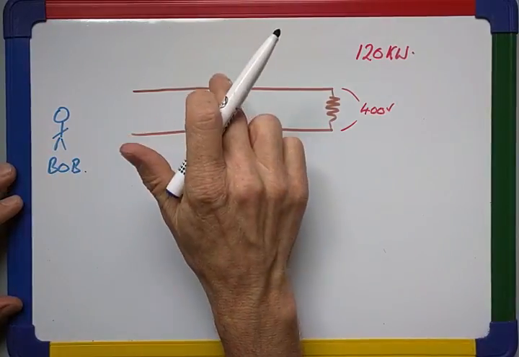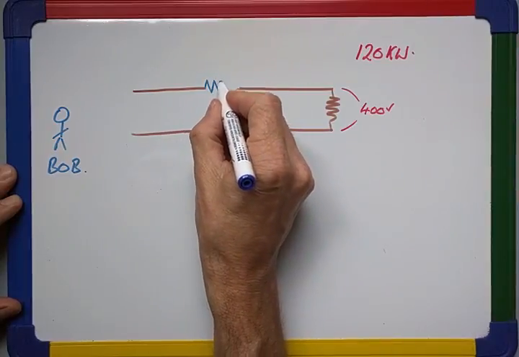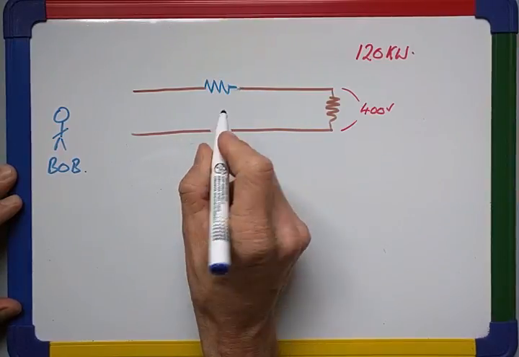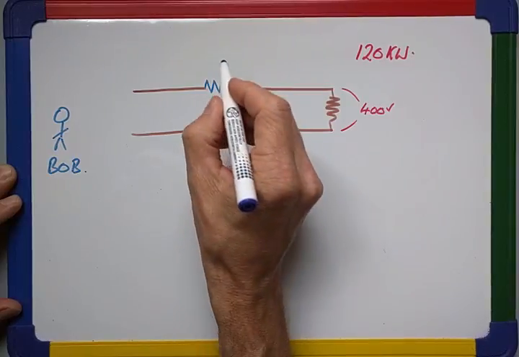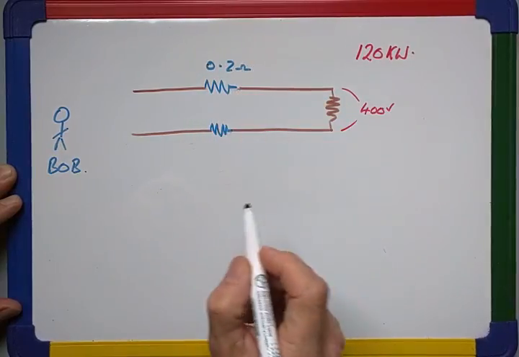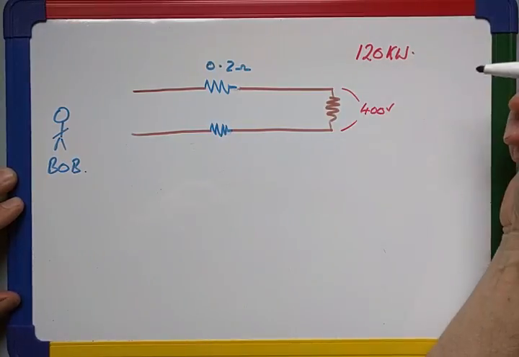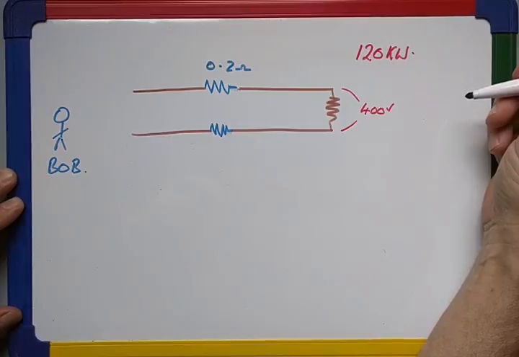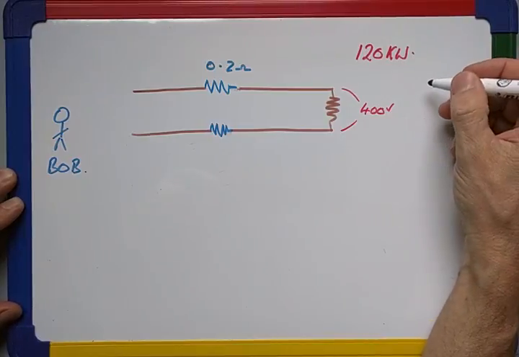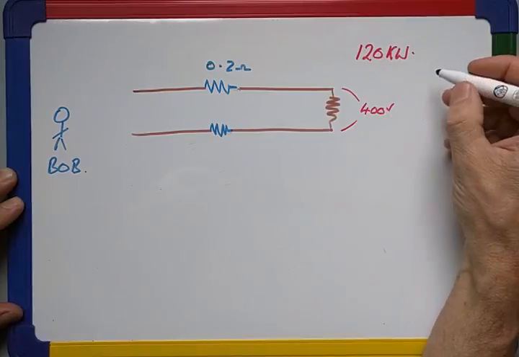Well, the cable that Bob uses here is going to have some amount of resistance, so we're going to assume that the resistance of that cable is 0.2 ohms. Same here. Now on a single phase system, the power is equal to the voltage times the current. So over here we want to transmit 120 kilowatts at 400 volts.